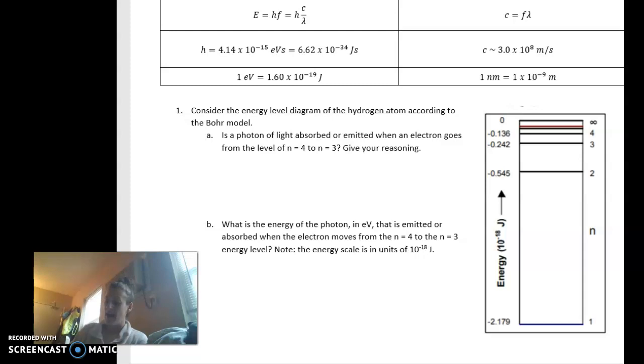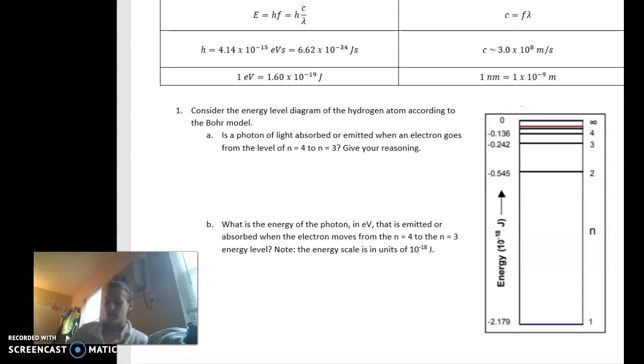I've provided how many joules are in 1 electron volt. So if I'm changing my units from joules to electron volts, I would need to divide by the number of joules in 1 electron volt. In 1 electron volt, there's 1.6 times 10 to the negative 19th joules.